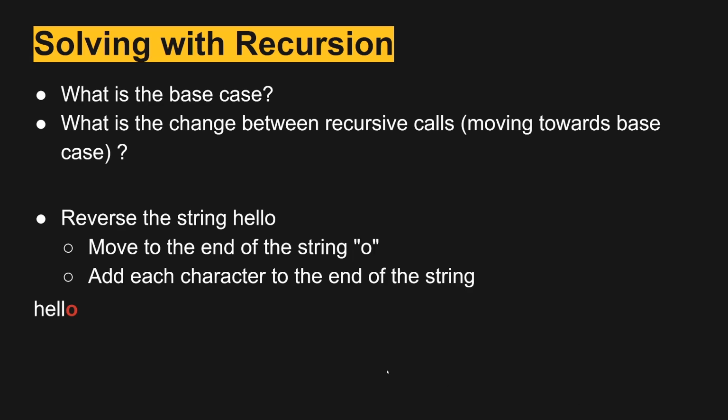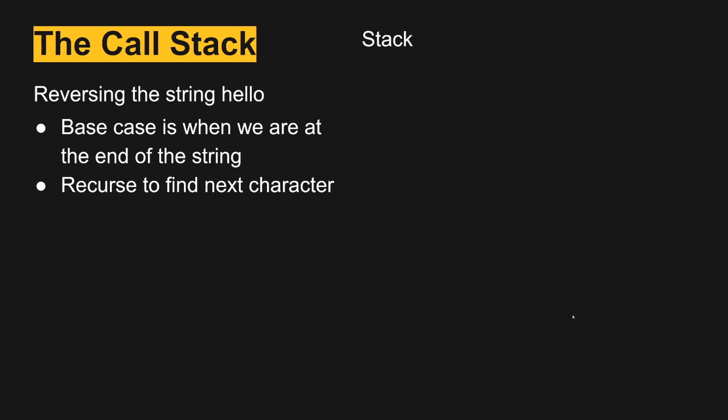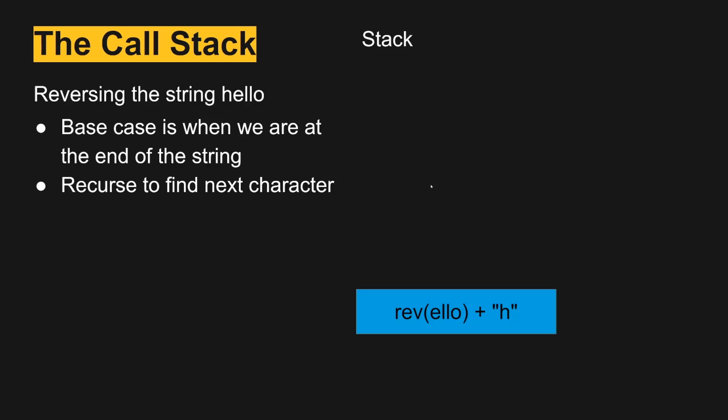And so we would start with O, get all the way to O, and then that's the first one we put onto our returning string as we're coming back out. And then it builds to the L, to the L, to the E, and then to the H. So our base case is when we are at the end of the string, and then we recurse, finding each next character until we reach that base case.